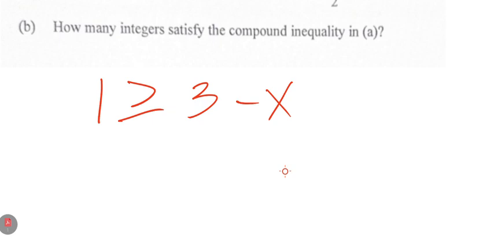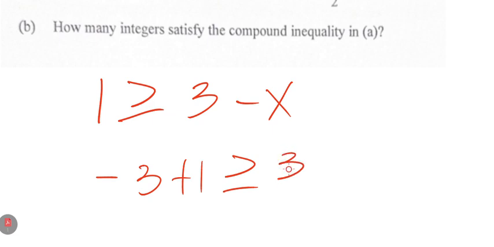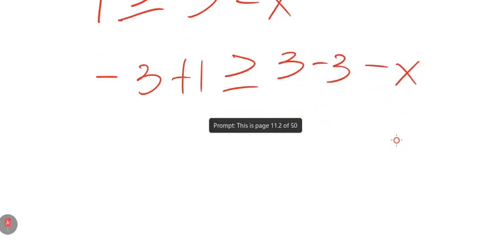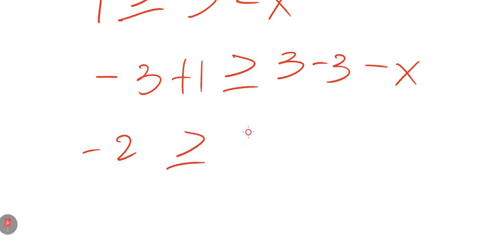After subtracting, we have negative 3 plus 1 is greater than or equal to 3 minus 3 minus x. That gives us negative 2 is greater than or equal to negative x.